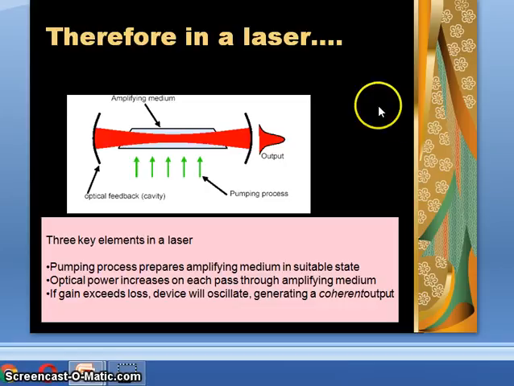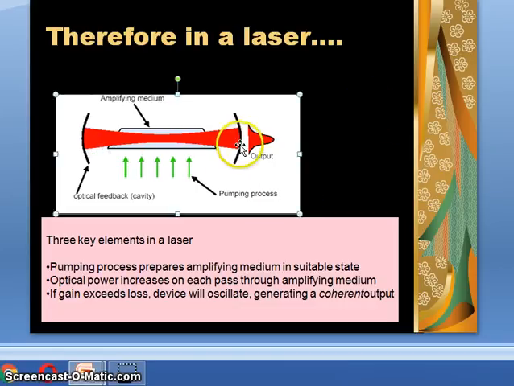Therefore, in a laser, there are two mirrors. One is 100% reflecting and the other is partially reflecting. This is the active medium or amplifying medium, and this is the output of the laser.